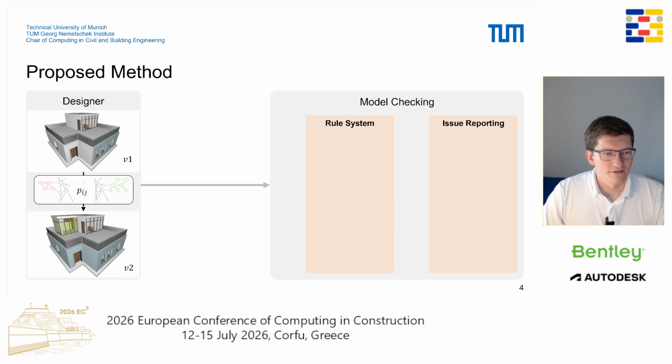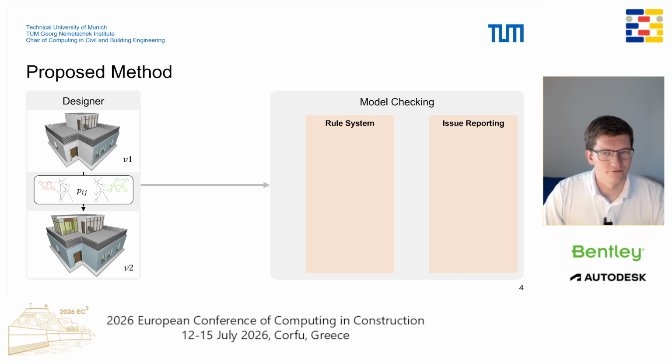So the designer still has the full responsibility for the design or the BIM models itself. However, we are not sending entire BIM models every time. Instead, we are using a graph-based version control mechanism that abstracts the changes, so only the modified parts, into an increment that we are labeling here as PIJ, describing the changes from version 1 to the other version.